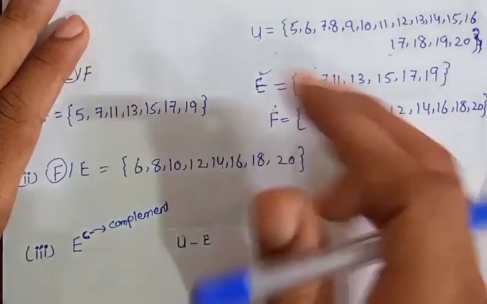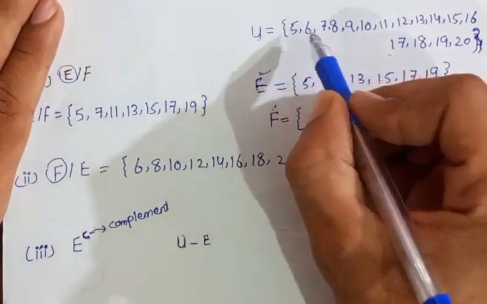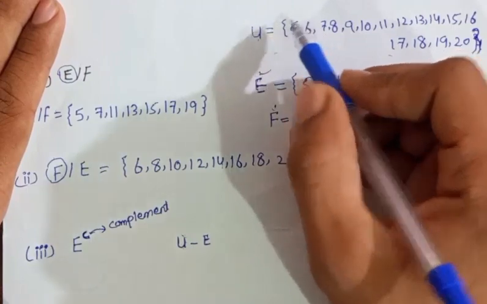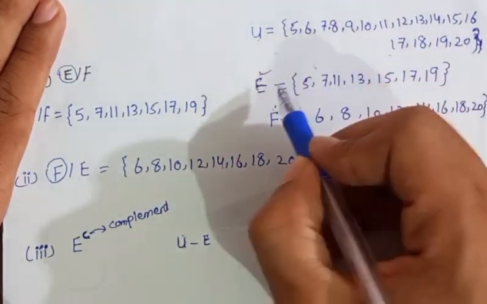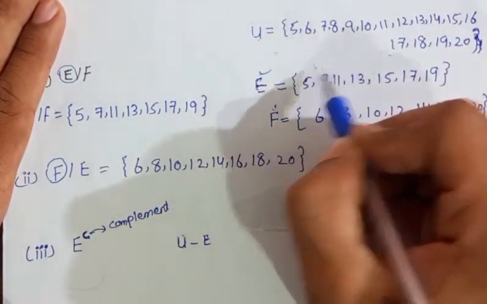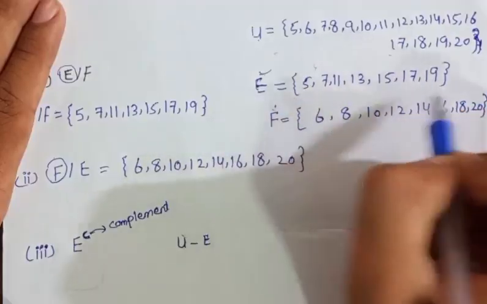As you know, this is the U set, the natural numbers 5 till 20, and set E is the odd numbers 5 till 19.